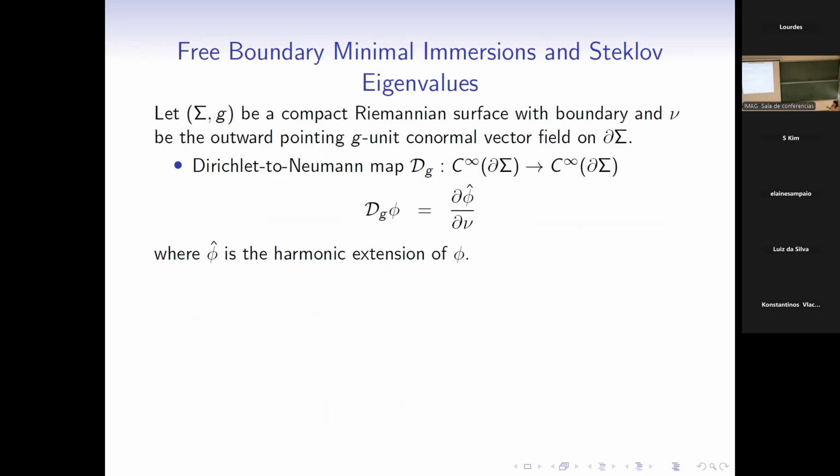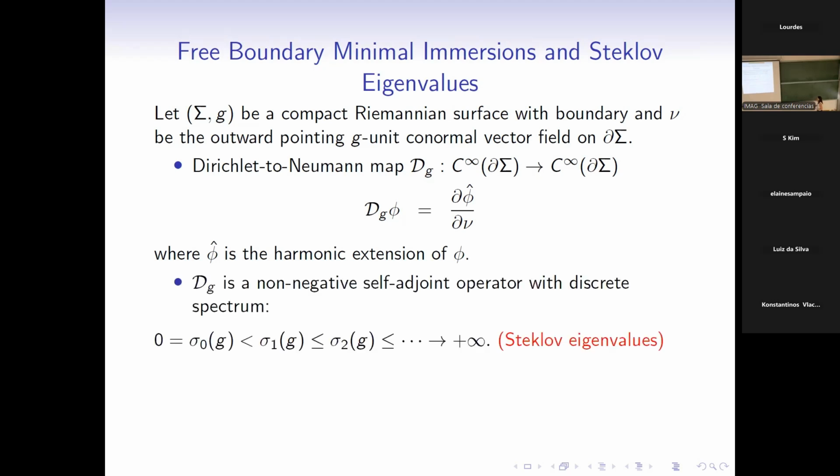And for any metric g that you have here, you have the Dirichlet-to-Neumann map that takes a function defined on the boundary of your surface and gives you back the normal derivative of its unique harmonic extension. Okay, so you have an eigenvalue for this map if the normal derivative of the harmonic extension is a multiple of the function that you started with.